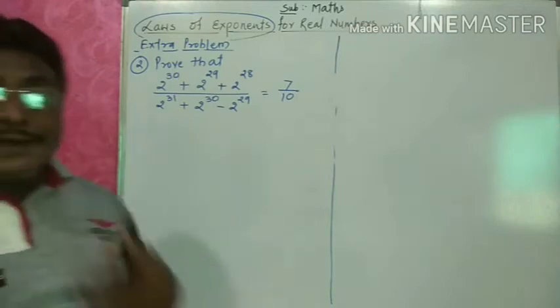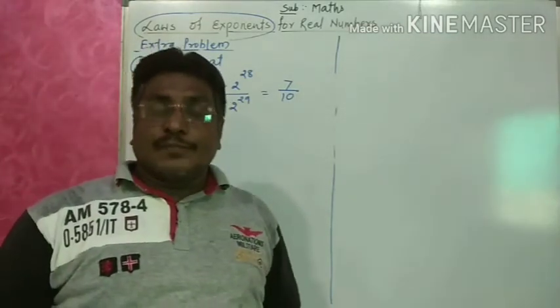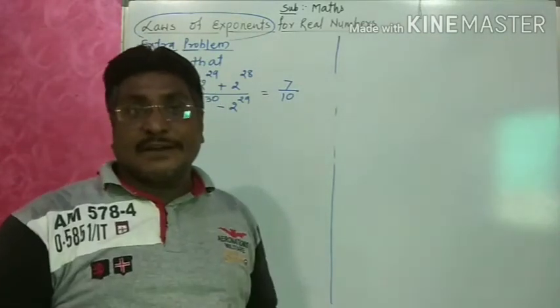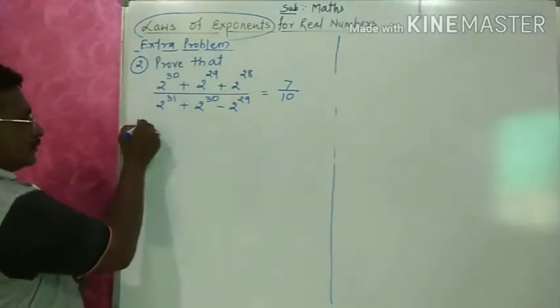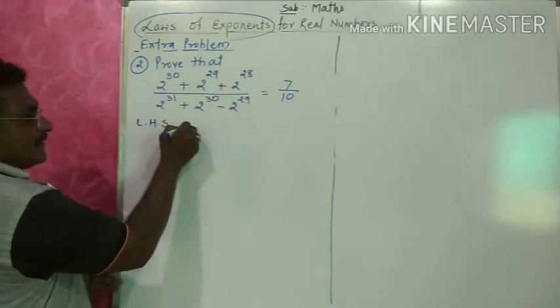Whenever a prove-that question comes, we have to consider the left hand side or the right hand side. The bigger side is the left hand side, so we consider the left hand side.